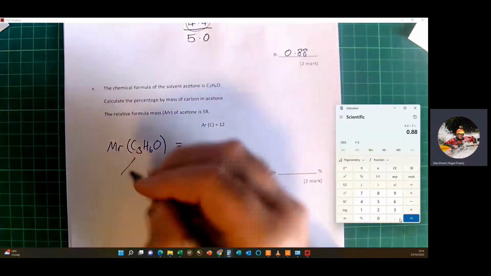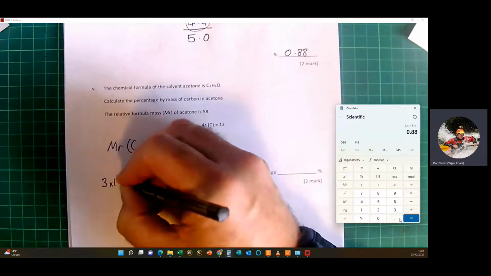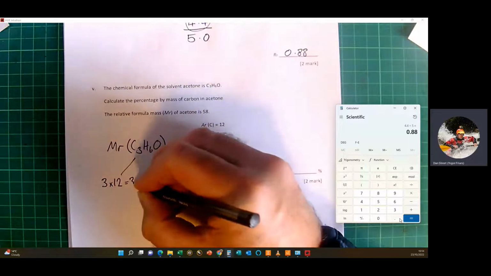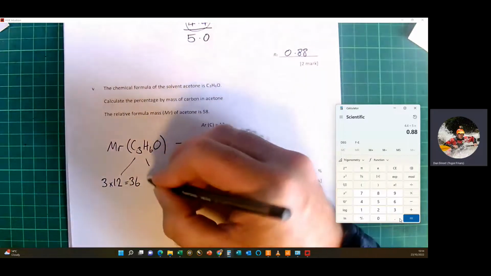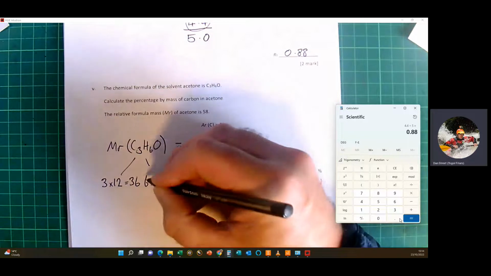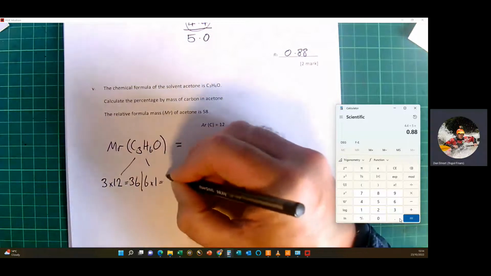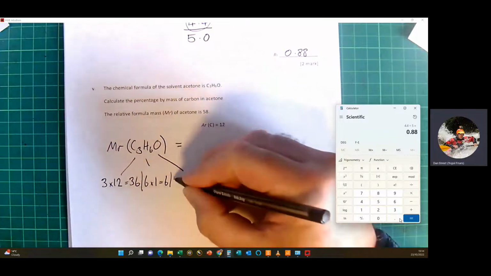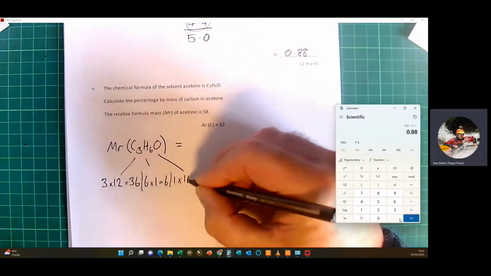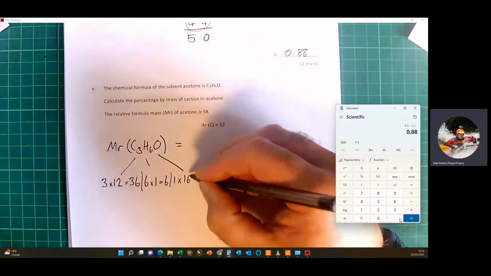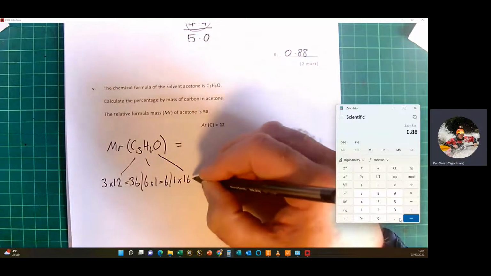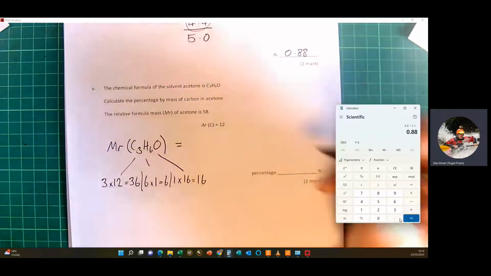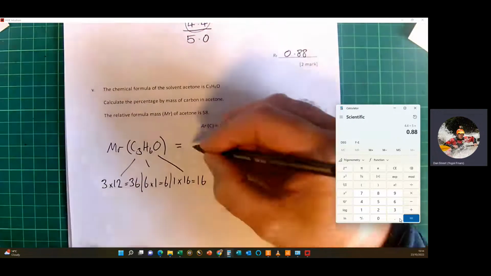We've got 3 times 12, which is 36. We've got 6 times 1, which is 6. And then we've got 1 times 16, which is 16, obviously. And if you add all those up together, we get 58.